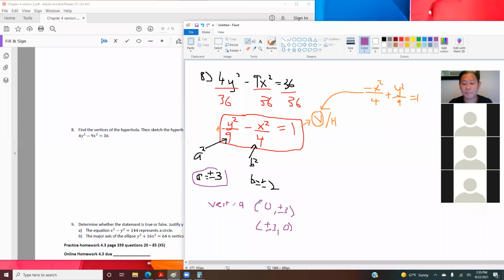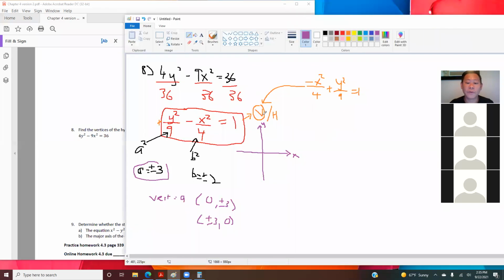So which one is this? Top one. Again, you say it's vertical, right? When you say vertical, what does that mean? Do all the points have to be on the y-axis, or all on the x-axis? On the y-axis. If it's all on the y-axis, your A in this case has to be 3 and minus 3.